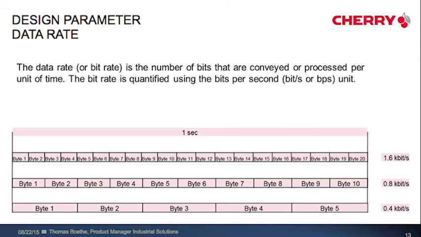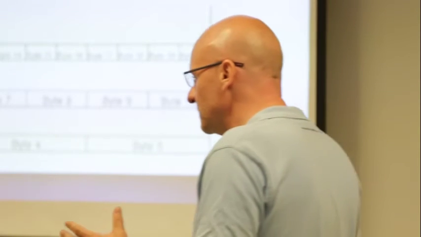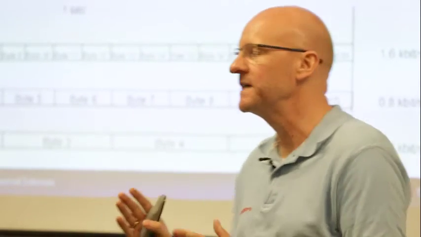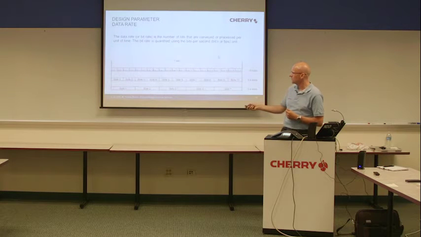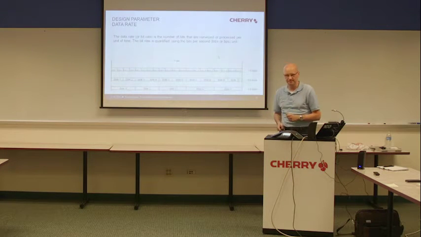The data rate is a very important parameter, because the data rate is the number of bits that are conveyed or processed per unit of time. That means when I take the time unit of 1 second, for example, and I transmit in 1 second 5 bytes, then I would have a transmission rate of 0.4 kilobits per second.